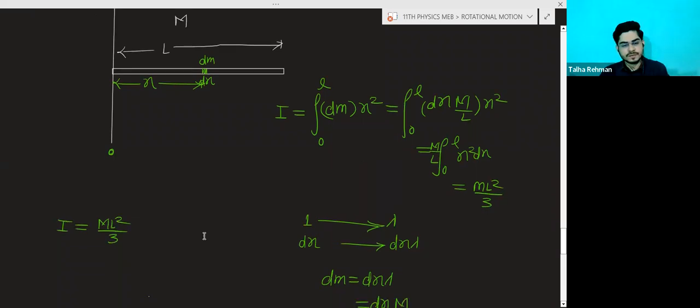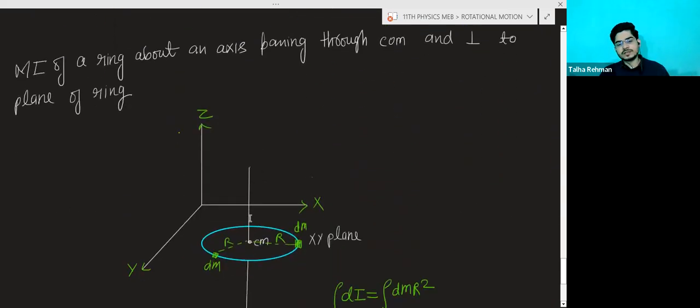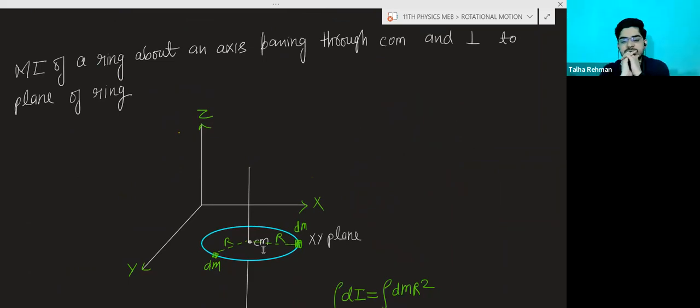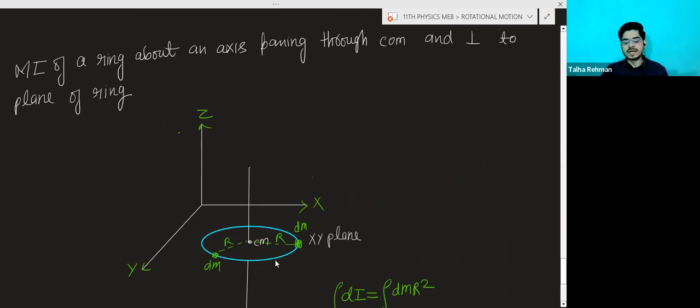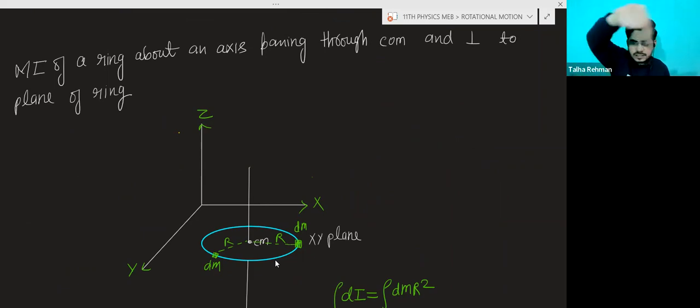And after that, I told you about the ring. A ring is also a linear body, and here we consider the thickness of the ring negligible. You take a thread and just round it like this, so it becomes a ring.